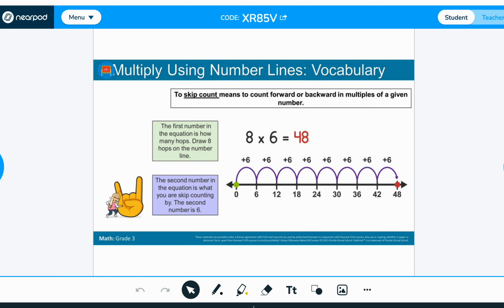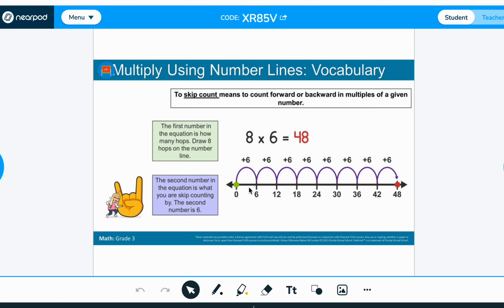So let's take a look at this one. This says to skip count, that means that we're going to be counting forwards or backwards in multiples of a given number. The first number in the equation is how many hops. So we're going to draw 8 hops on the number line. They don't have the tiny tick marks in between.